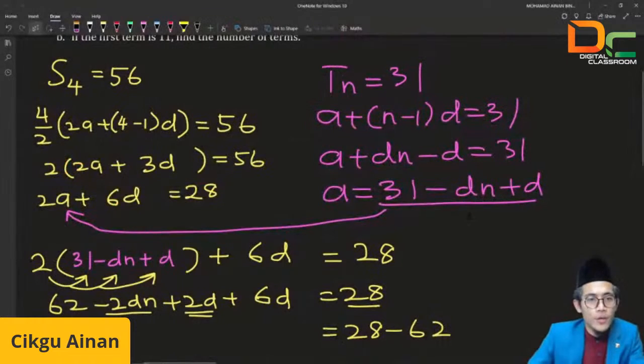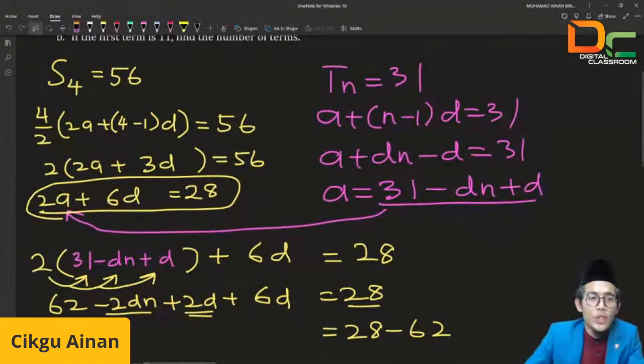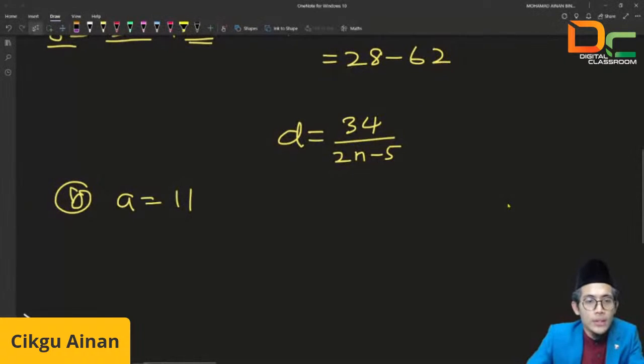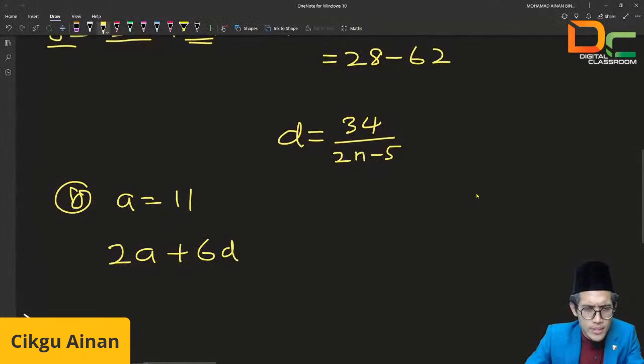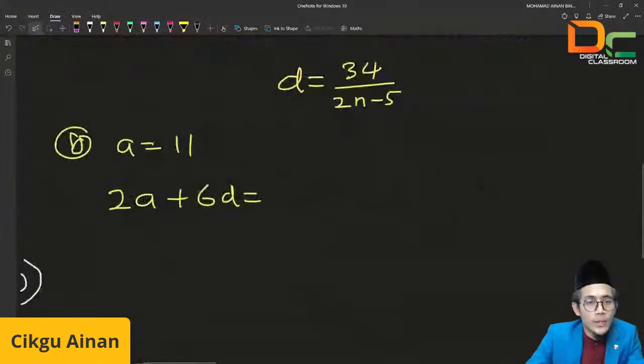We can take from this line and substitute the value. 2A plus 6D equals 28.